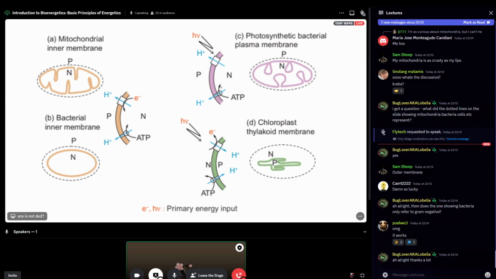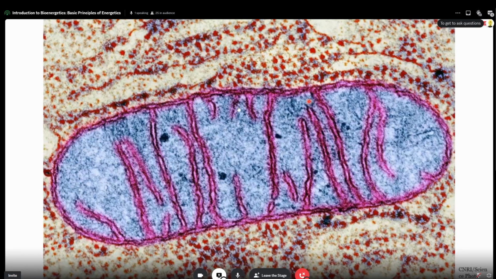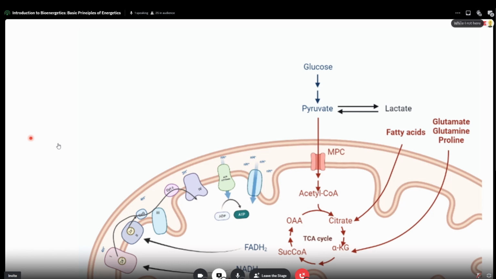In any case, I spoke about the mitochondria here. Like I was talking about the electron transport chain and how the ATP is being produced. I'll go very briefly through an overview of how you have the transport of electrons into the electron transport chain in a mammalian mitochondria.